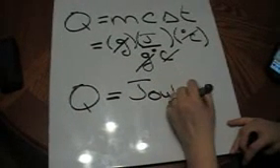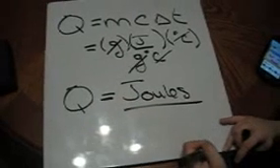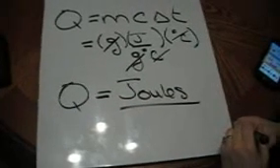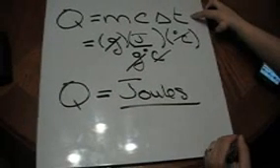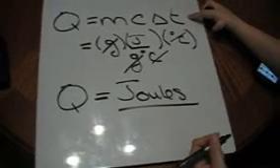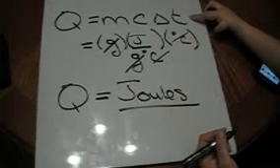Grams will cancel out, degrees Celsius will cancel out, and that means the units of heat are joules. So what's really important when you use this equation is that if they give you the temperature in Kelvin, you have to convert it to degrees Celsius.